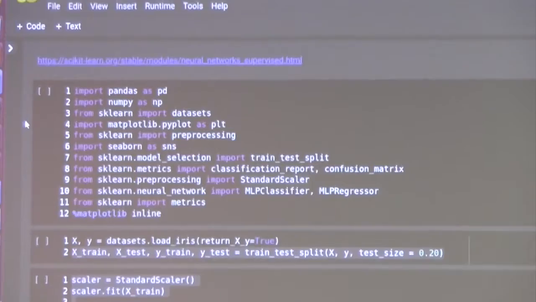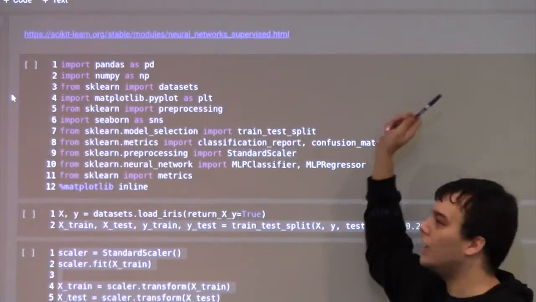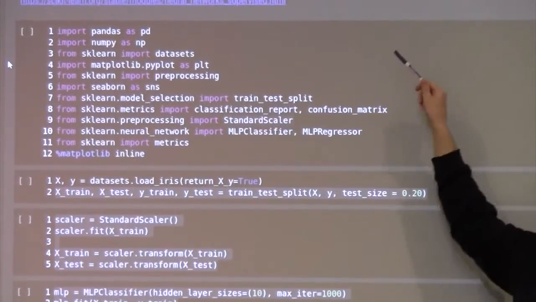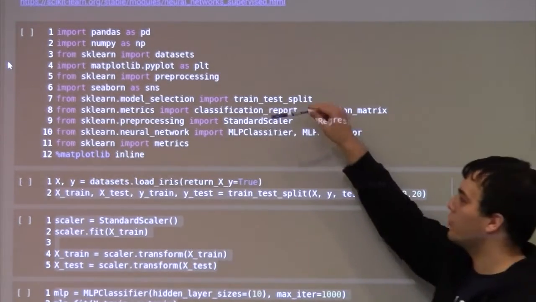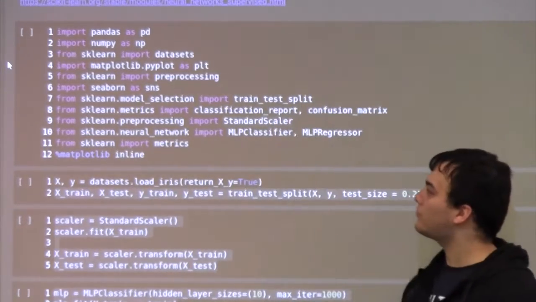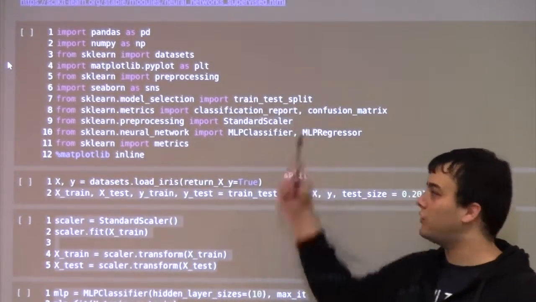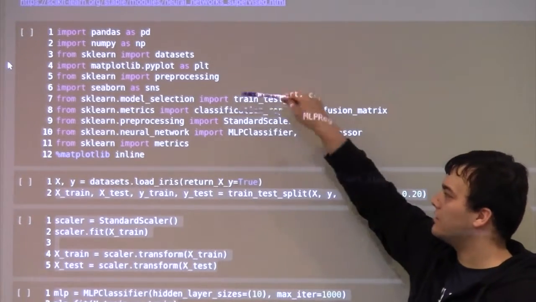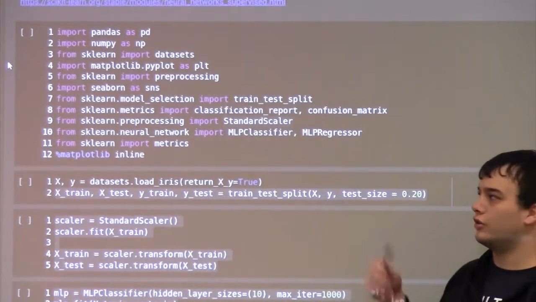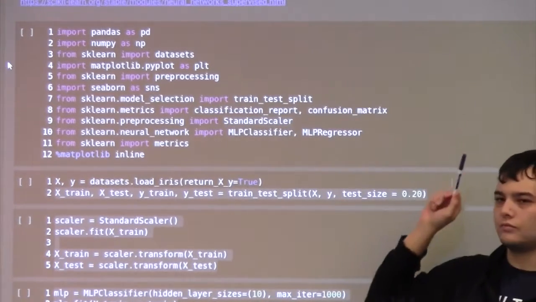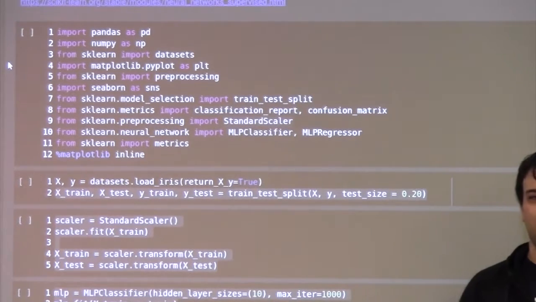So we're going to do code again, the reason we're here. Here are all of our imports: pandas to deal with data, NumPy to manipulate numbers, and we're going to grab our datasets from sklearn again. PLT to make it look beautiful, preprocessing to preprocess our data, Seaborn as SNS also for making it look beautiful, and train_test_split, which will split our data between training and testing.